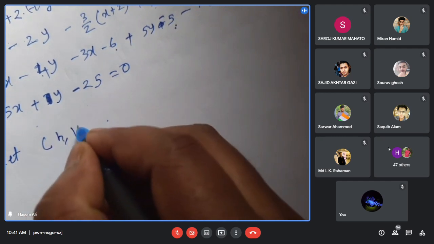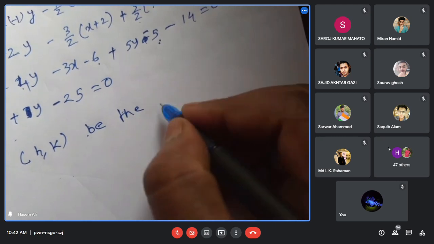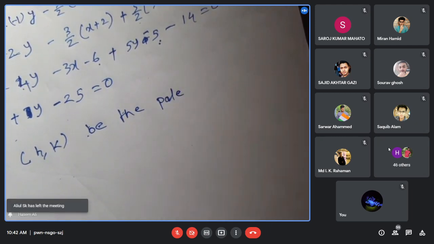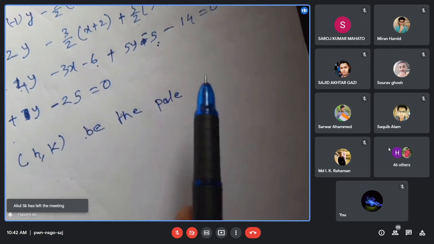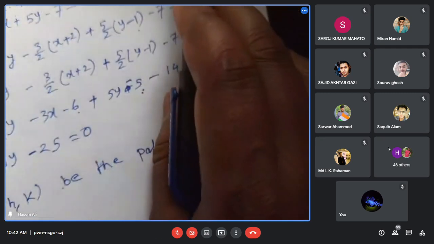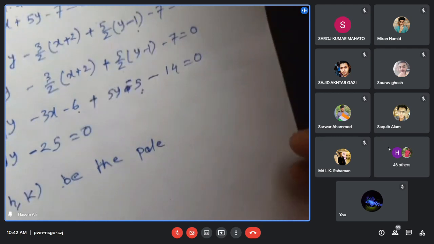Let (h, k) be the pole of the straight line 9x + y = 28 with respect to the circle.